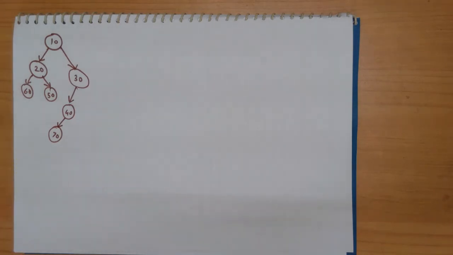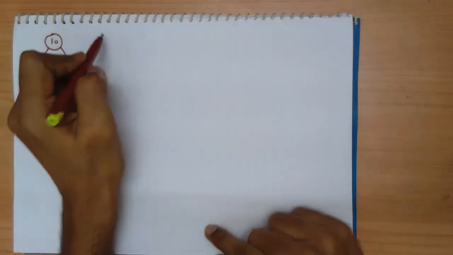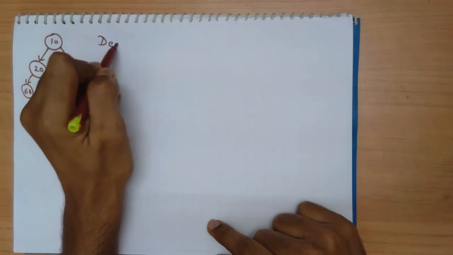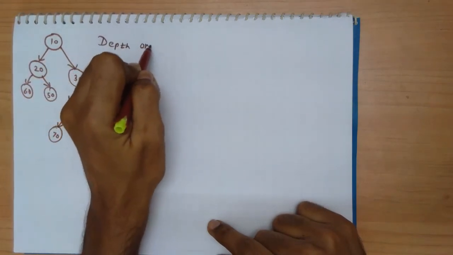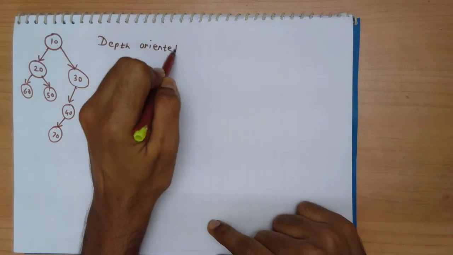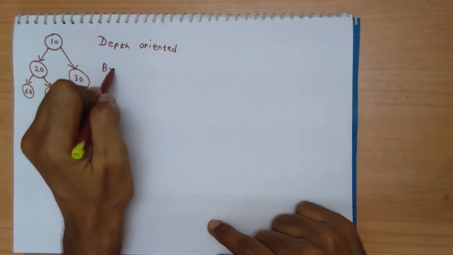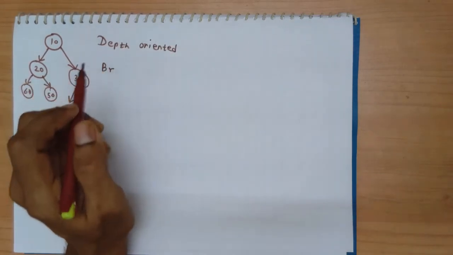Okay, so when we talk about traversing a binary tree, we generally talk about 2 types of strategies. One is the depth oriented, and other is the breadth oriented.